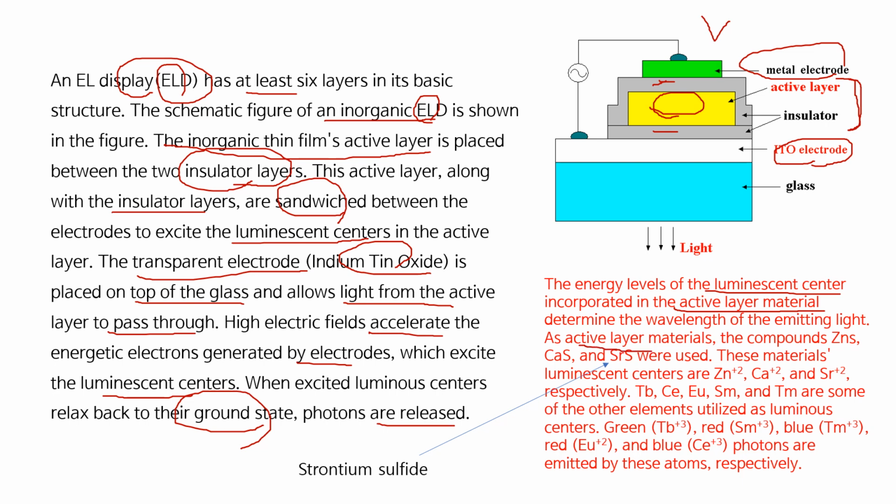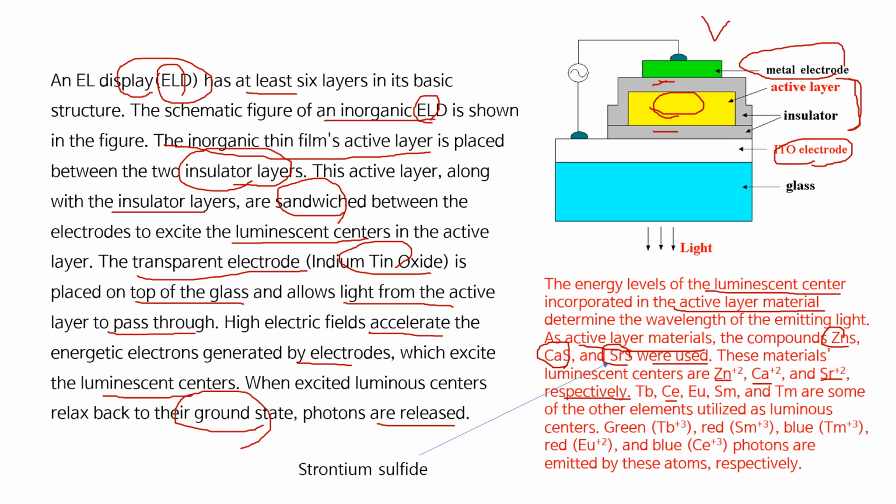As active layer materials, the compounds of zinc sulfide, calcium sulfide, and strontium sulfide were used. These materials' luminescent centers are zinc ion, calcium ion, and strontium ion, respectively.